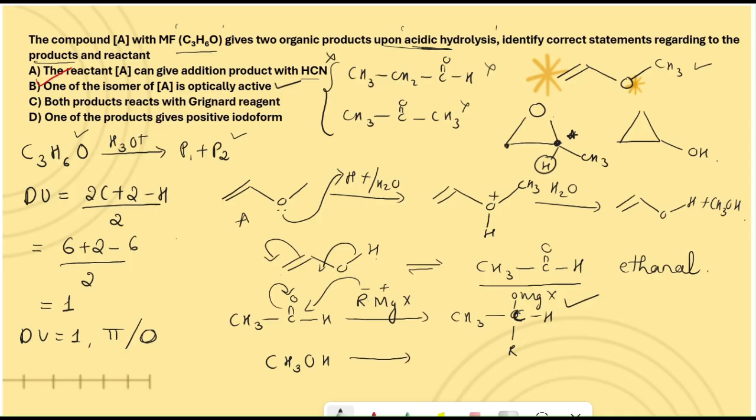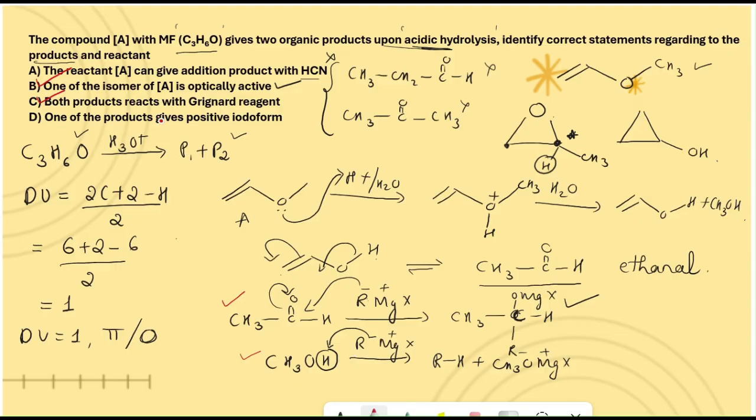Here the Grignard acts as a nucleophile, but with methanol it acts as a base because we have an acidic proton, so R minus will abstract the proton. It becomes a hydrocarbon, and the other product is a magnesium halide salt. Yes, this is also correct. Statement C is also correct: both the products react with Grignard reagent. One of the products undergoes addition, the other undergoes an acid-base neutralization kind of reaction.